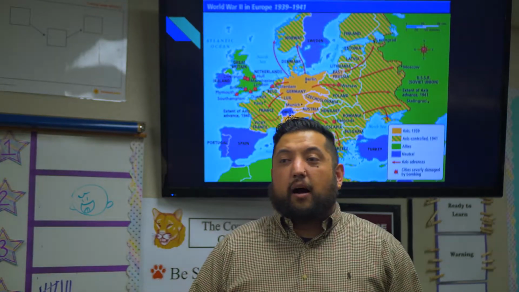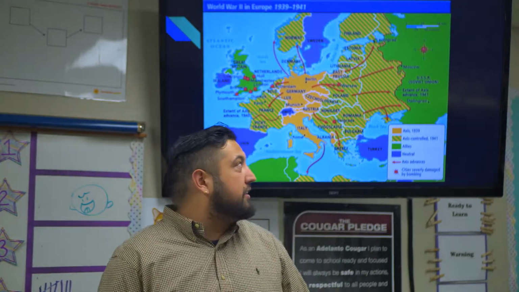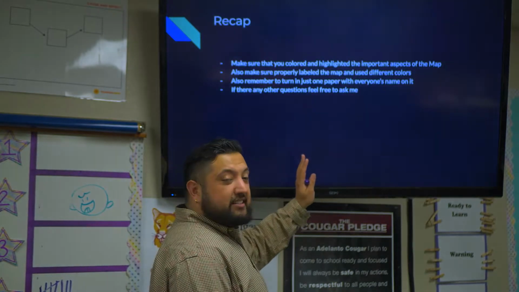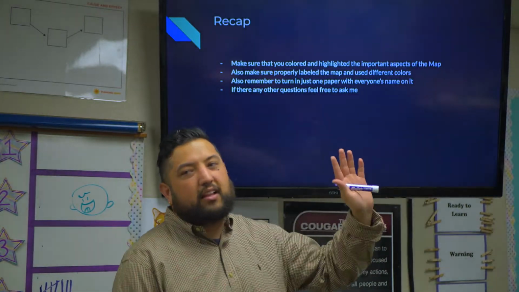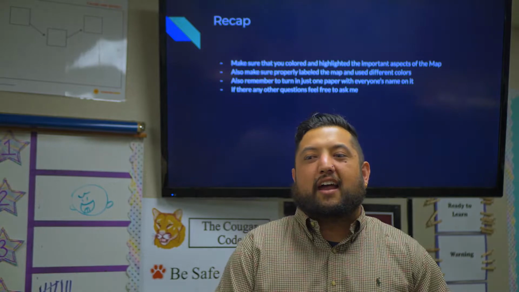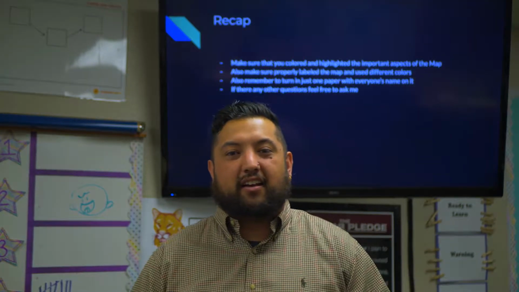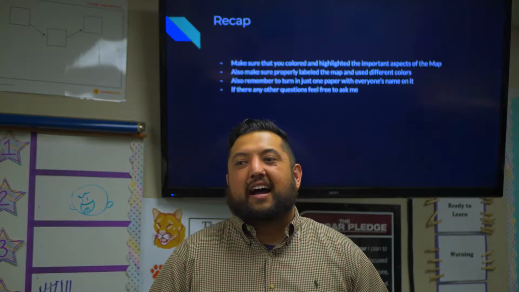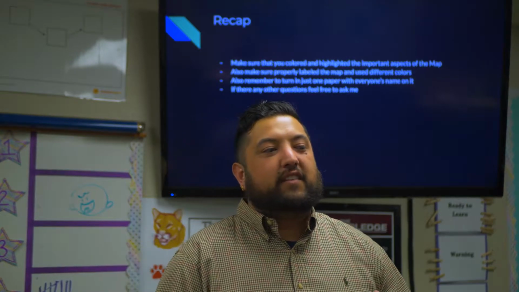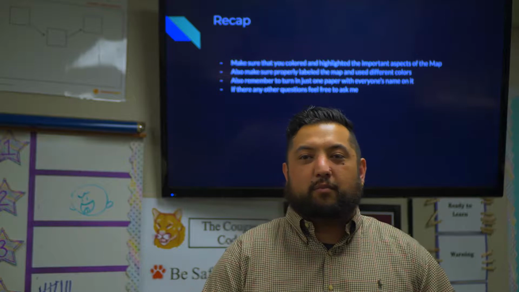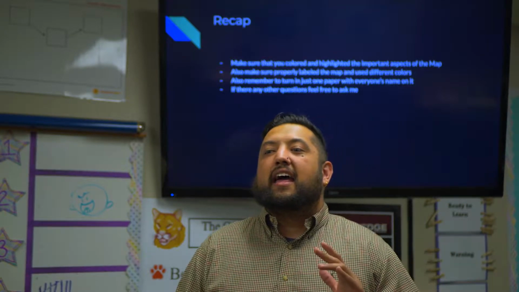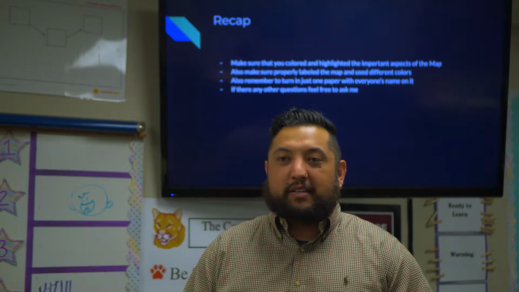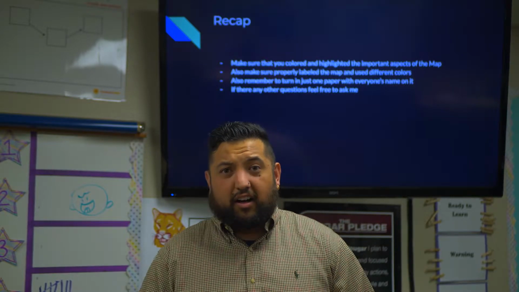So with that being said, on this next slide, it's just a simple recap. I want to make sure that everyone gets the highest grade that they can on it. So please highlight the important factors, highlight the countries, label them correctly, and first and foremost, please, please, please work on the coloring.